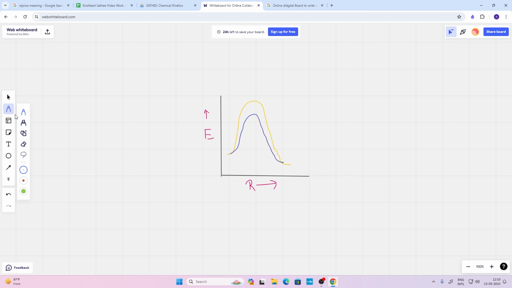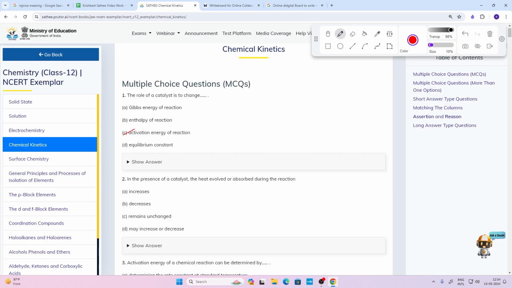Now you can clearly see that there is a gap between the reaction profile with catalyst and without catalyst. It has decreased the activation energy. So your answer will be activation energy.